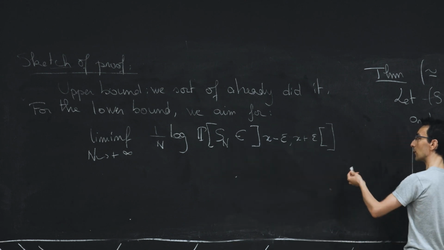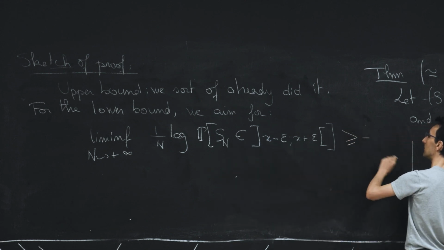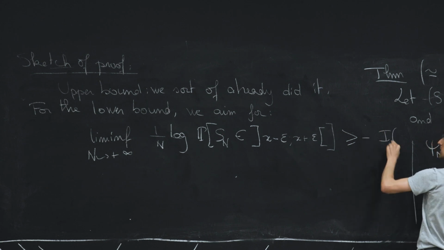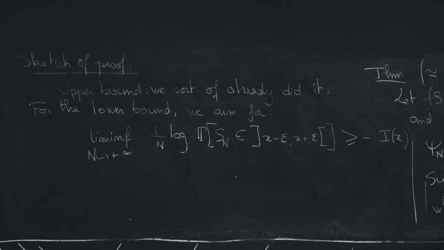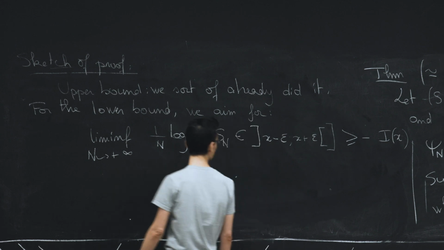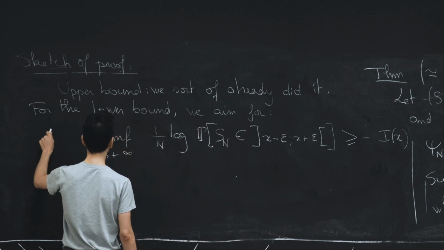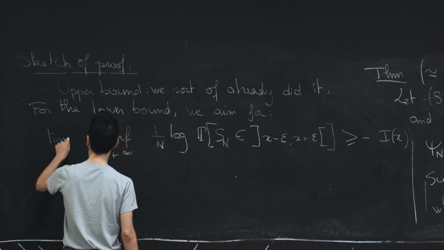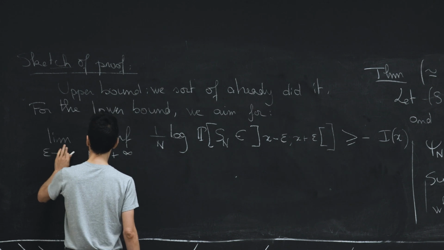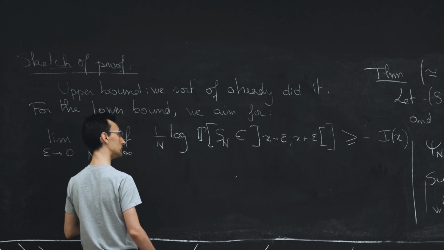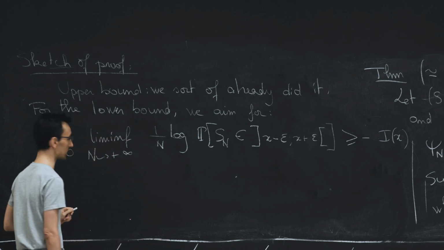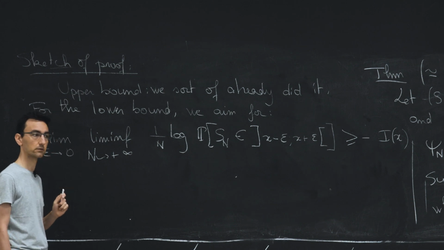Hopefully, we're going to show that this is greater than minus I of x, for every x in R. I want to make sure that this works for every epsilon. I want that this is valid. Make sense?